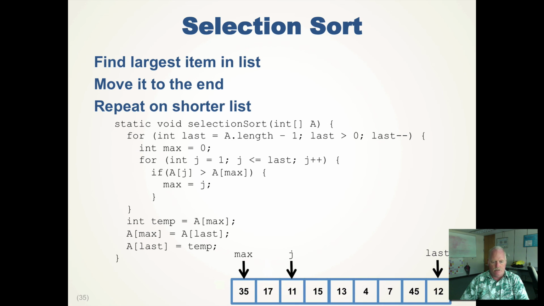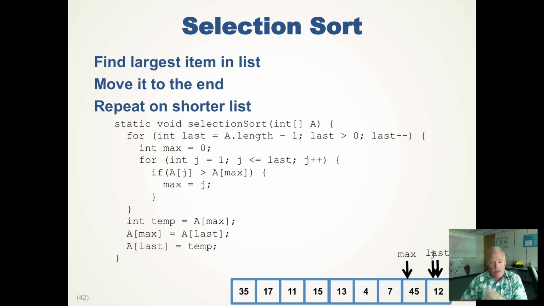So let's see how that works. So we initialize j to 1. So now is 11 greater than 35? Nope. Is 15? Nope. 13? Nope. 14? Nope. 7? Nope. 45? Yes. 45 is greater than 35, so we want to move max. And then j is getting to last, so is 12 greater than 45?